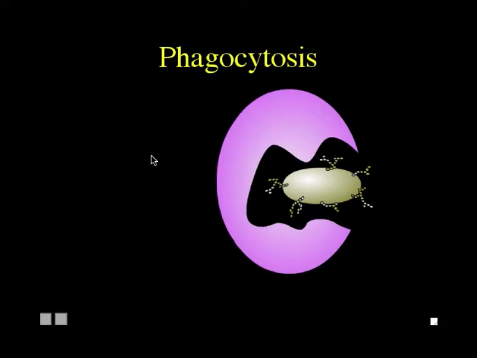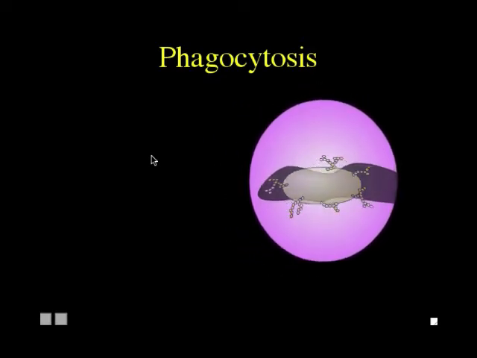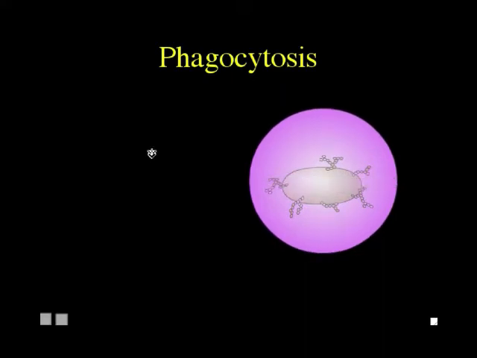That's how it protects you from the pathogens. Just like when we eat food, we put that food inside ourselves, which is what this white blood cell has done, and then we digest that food. That's what these white blood cells that do phagocytosis do. They swallow the pathogen, then they digest it. They kill it off by digesting it. Okay, so again, who does that? The neutrophils, the eosinophils, and the monocytes.